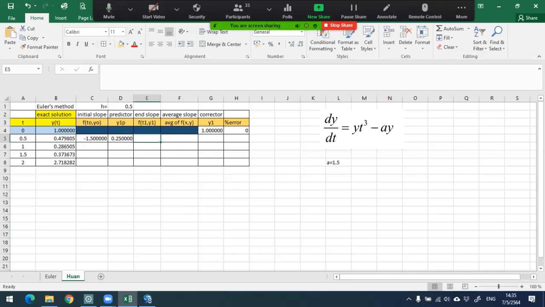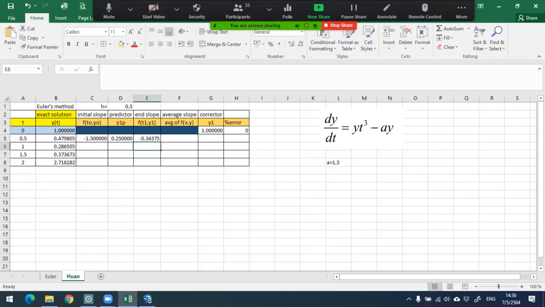And after that, when we have the predictor, we can determine the end slope. End slope is equal to what? It is equal to y t cubed. Y is here. Multiply with t cubed, minus 1.5 y.